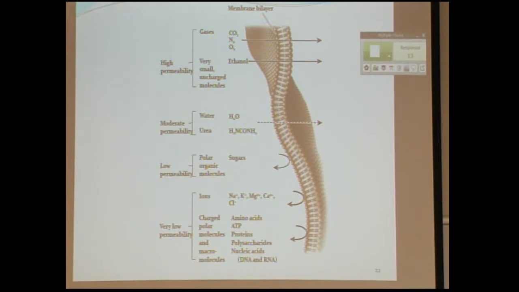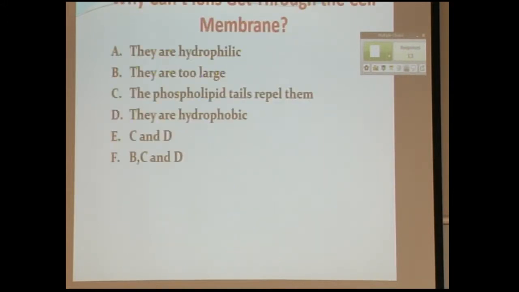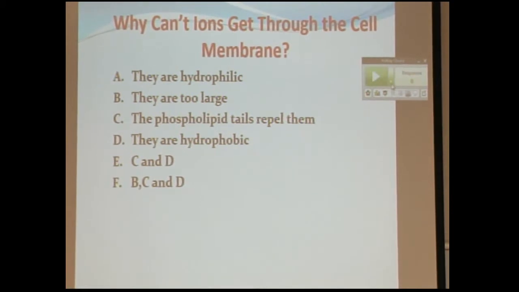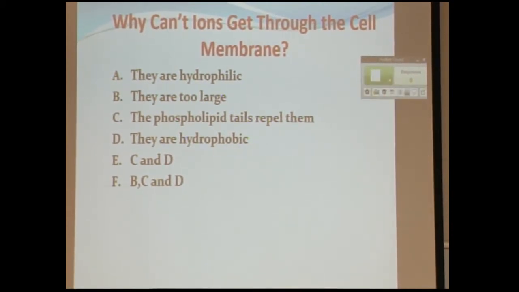And then things that can't: anything that's too large, and anything that's charged and small. It'll depend. So that's where we get to in a second. All right, so wait. Why can't ions get through the cell membrane?